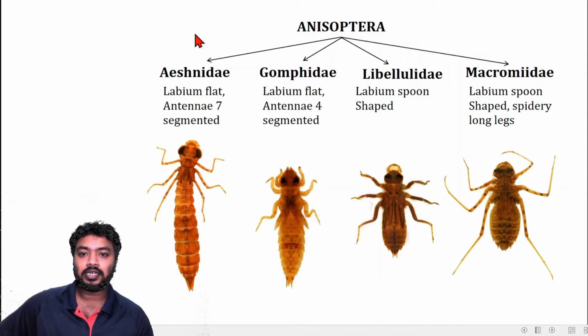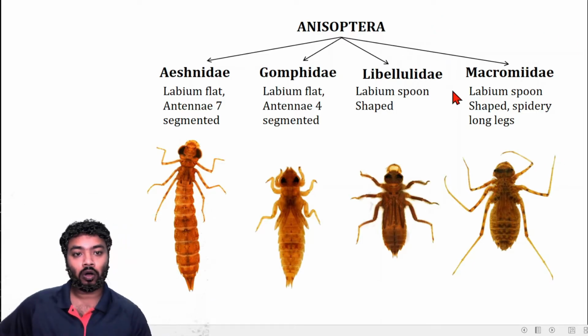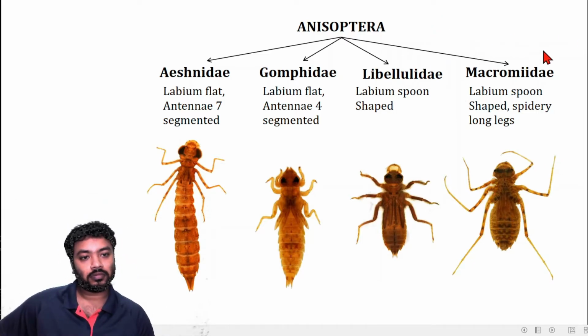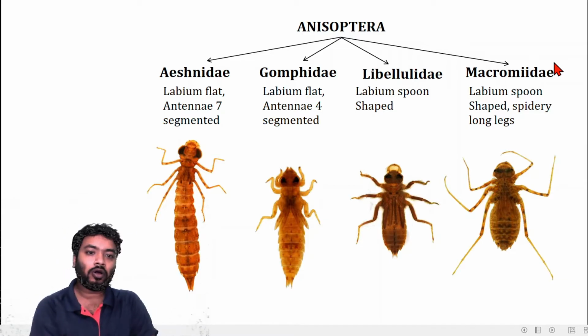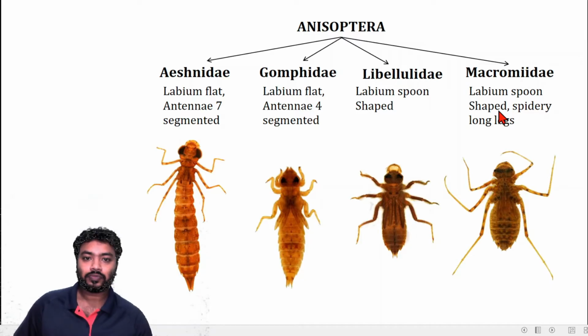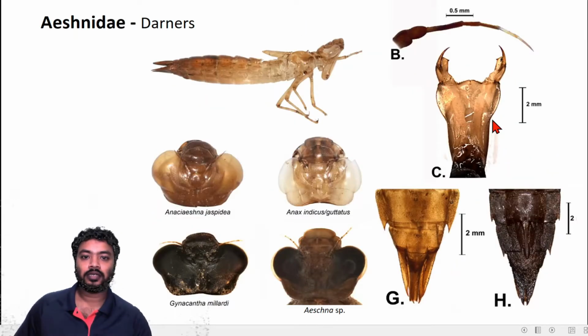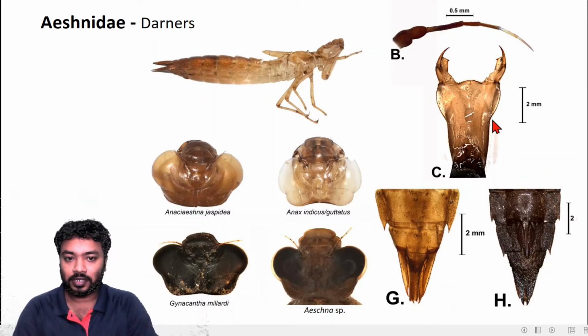The first family is Aeshnidae, the darners, and the second family is Gomphidae, the club-tails, then Libellulidae, which is very common, the skimmers, and Macromiidae, the torrent hawks and other bigger dragonflies.